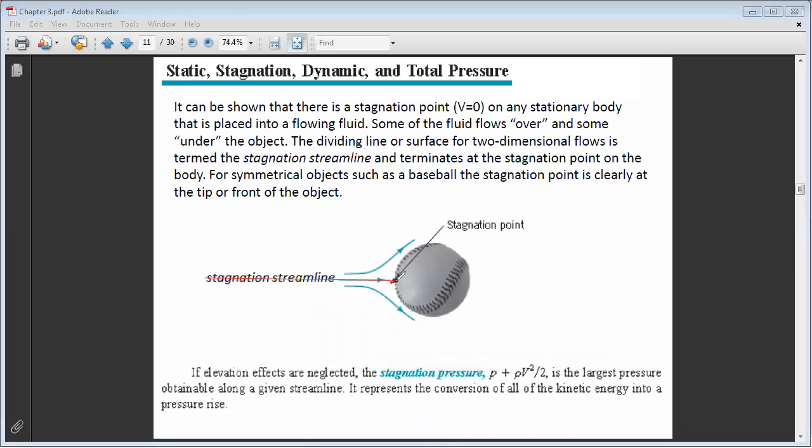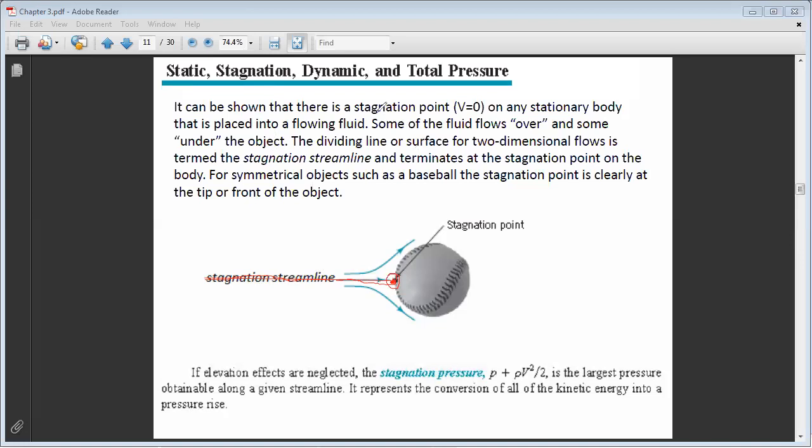This means that at this point, since v is equal to 0, this is the maximum possible pressure along this line. You know why? Because as you move along this line, since energy is conserved, your velocity is decreasing and your pressure will increase. This point is called the stagnation point, and the pressure at it is called the stagnation pressure.